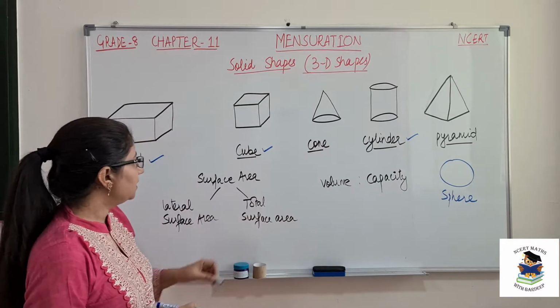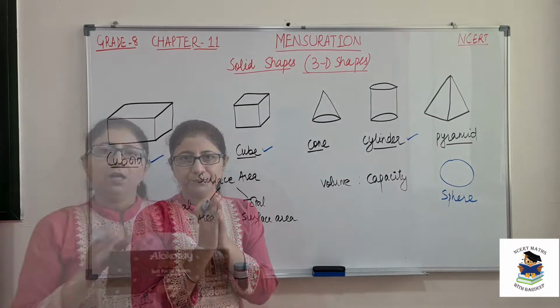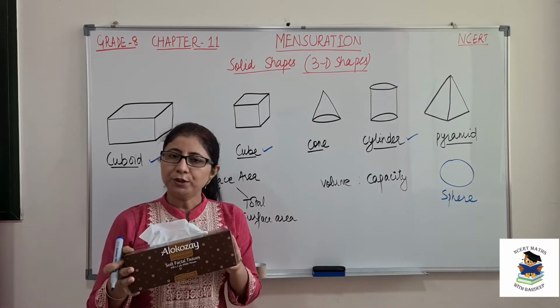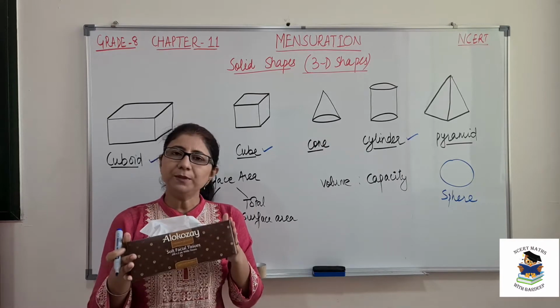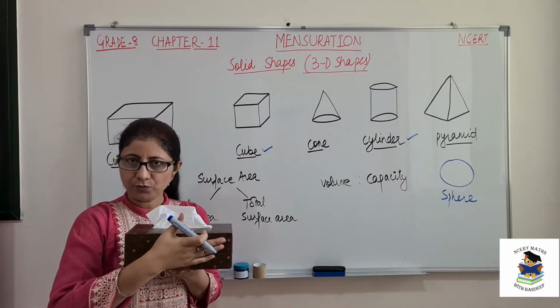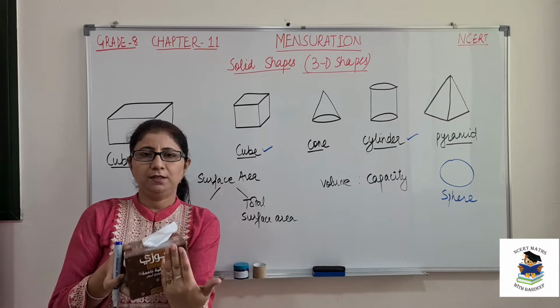Surface area means the area of this particular shape. Suppose I am considering this cuboid. What is the total material required to make this cuboid? So for the total material required, I should know the area of this face, this face, this and this.